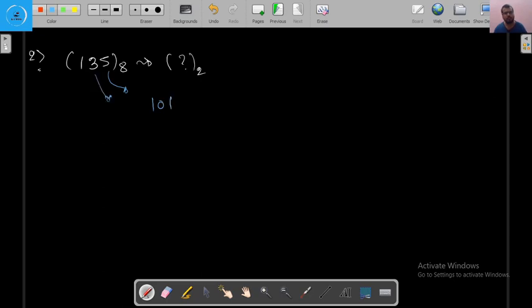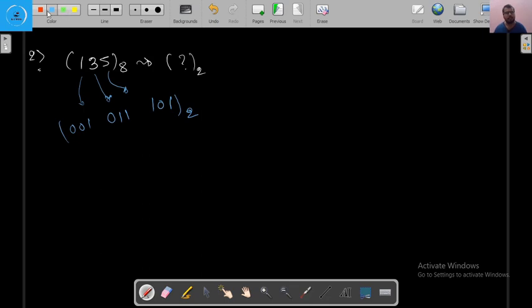For 3 we write 011: 0 into 2 to the power 2, 1 into 2 to the power 1, and 1 into 2 to the power 0. Then 4 plus 0 plus 1 equals 5. Here 0 plus 2 plus 1 equals 3, and for 1 we write 001, and this is in binary.